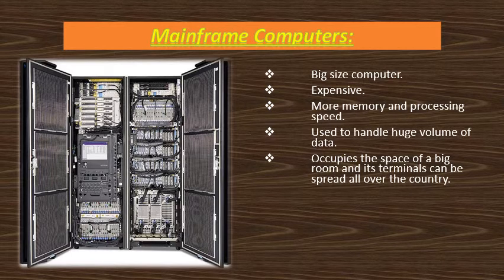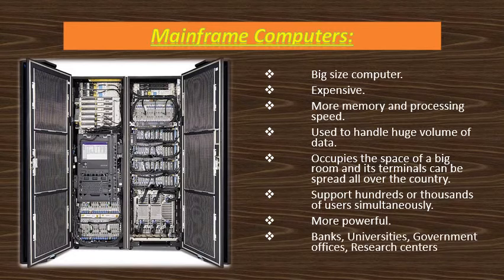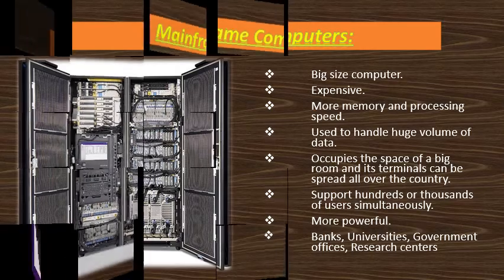It occupies the space of a big room, and its terminals can be spread all over the country. They support hundreds or thousands of users simultaneously, and they are more powerful. Banks, universities, government offices, and research centers use these computers.